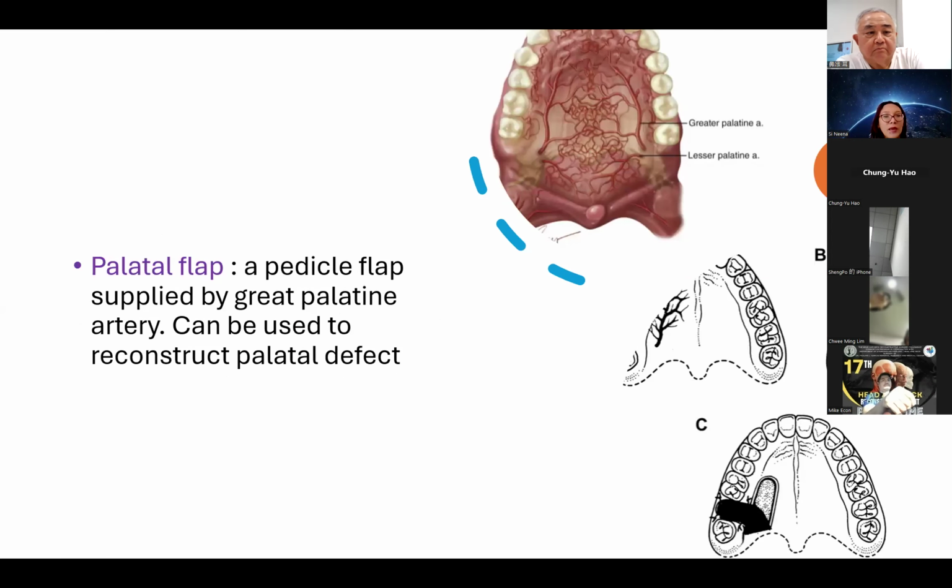And then the palatal flap, usually we can use it if you have a fistula in the palate, and you can rotate it. It is supplied by the greater palatine artery, and it is a very easy and very robust flap as well.